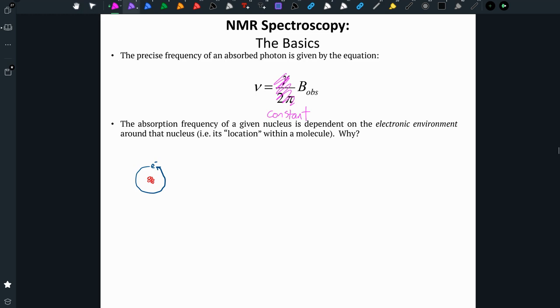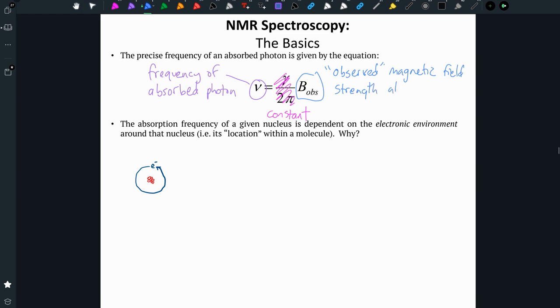Nu here is the frequency of the absorbed photon. And that's just going to be a function of what we call the observed magnetic field strength at a given nucleus.